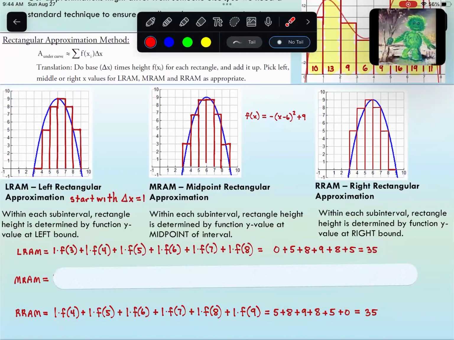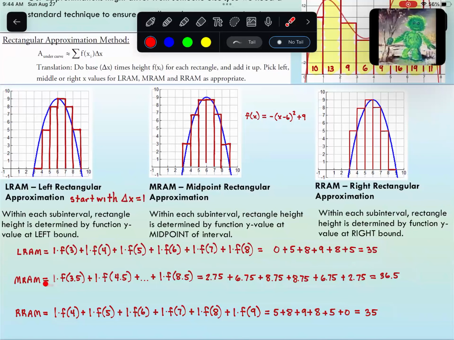This one's a little harder to draw, but between my interval from 3 to 4, I want to know what is the function doing at 3.5. Hence, my first rectangle's area is 1 times whatever f of 3.5 is. My second subinterval, base of 1, height is whatever the function is doing at 4.5, 4.5 being in the middle of x equals 4, x equals 5.